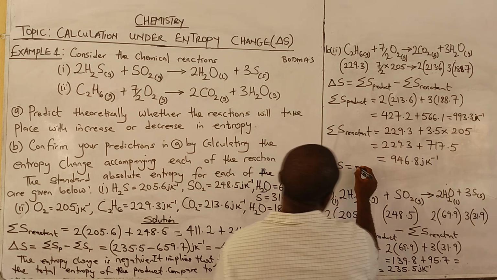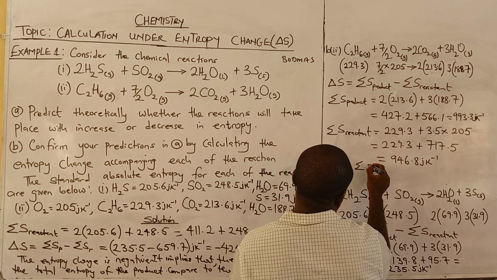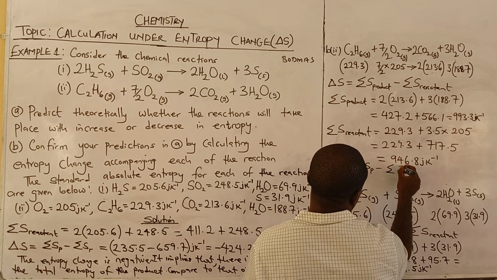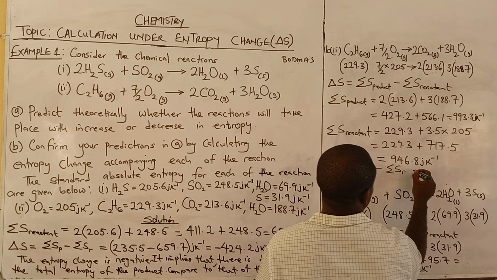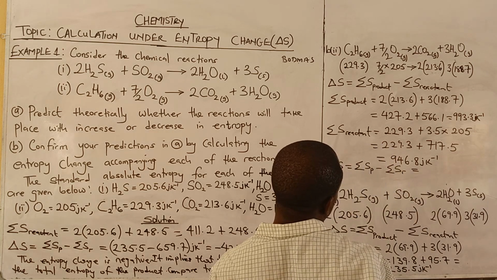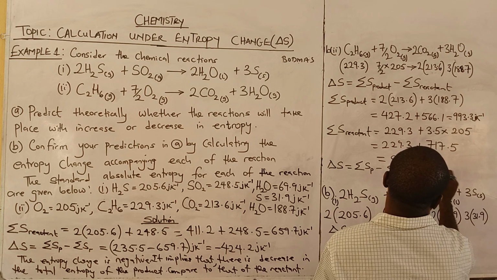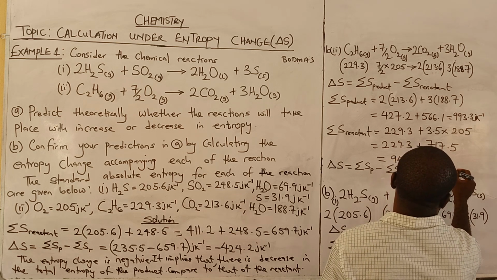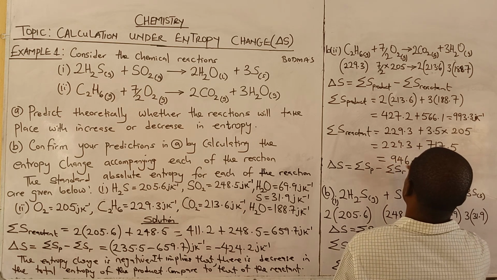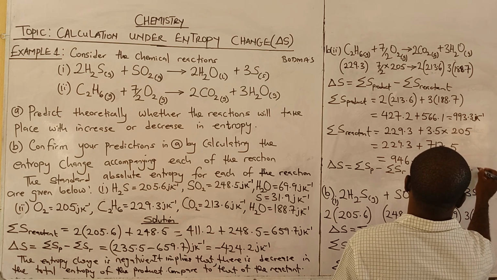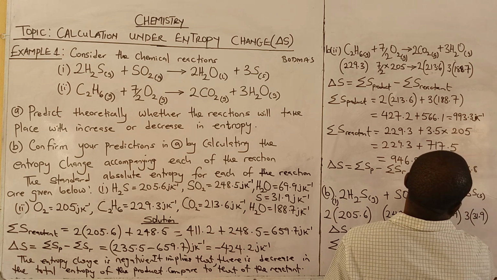Okay, now let's do the subtraction. The summation of the entropy at the product minus the summation of the entropy at the reactant equals 993.3 minus 946.8.